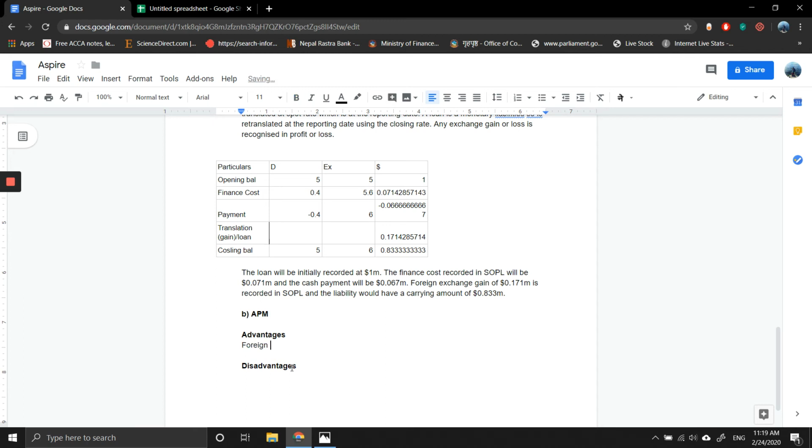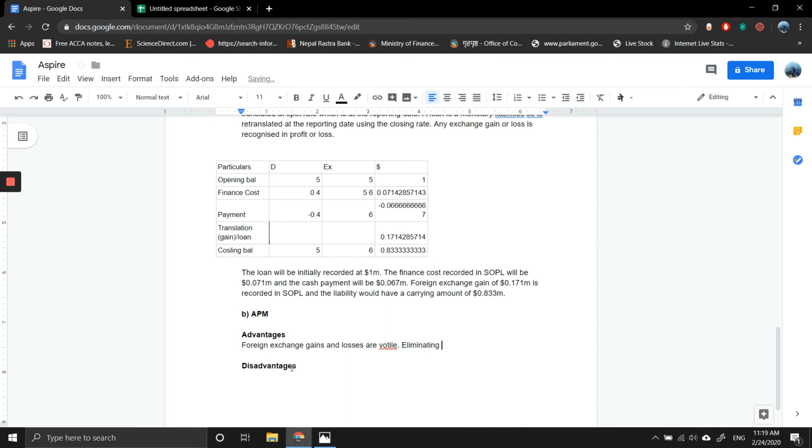So foreign exchange gains and losses are volatile.